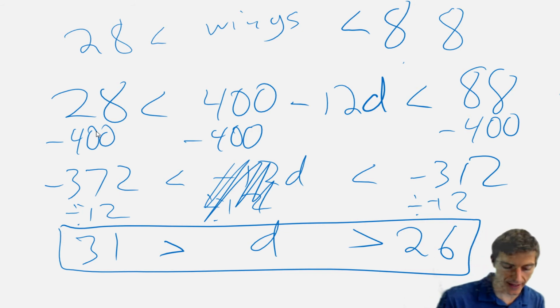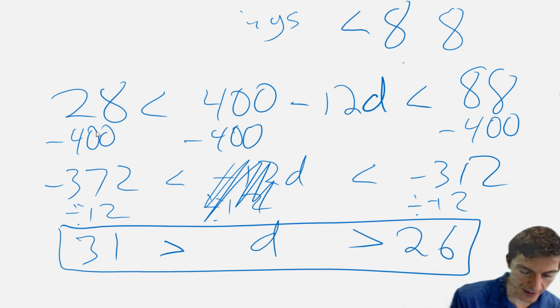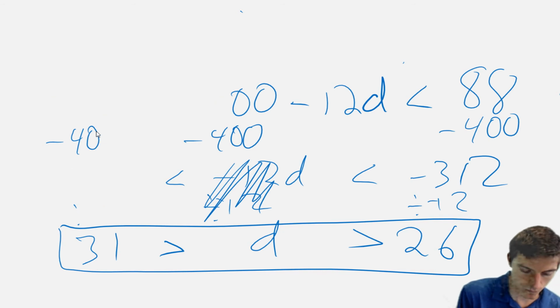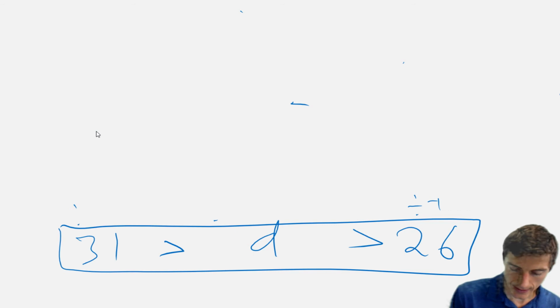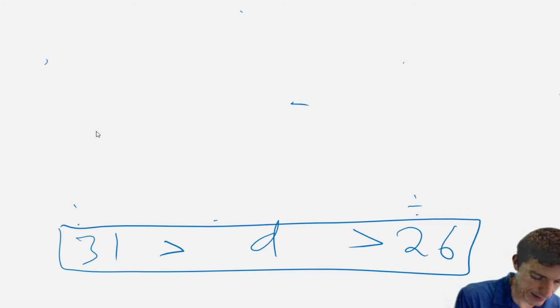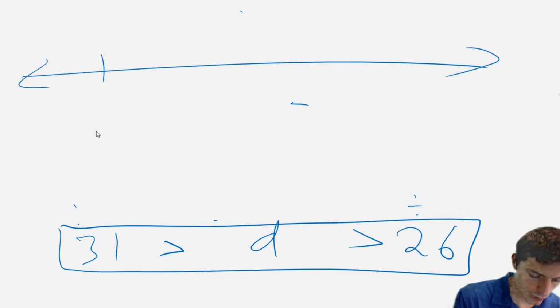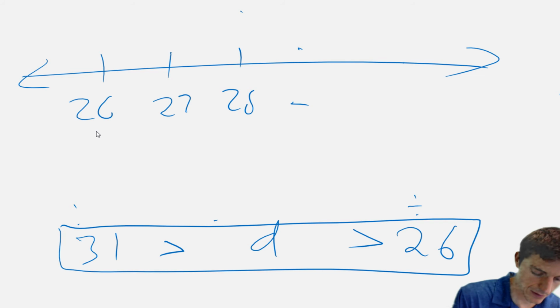So what I want to do then is put that on a number line. The way to do that is like this: 26, 27, 28, 29, 30, 31.